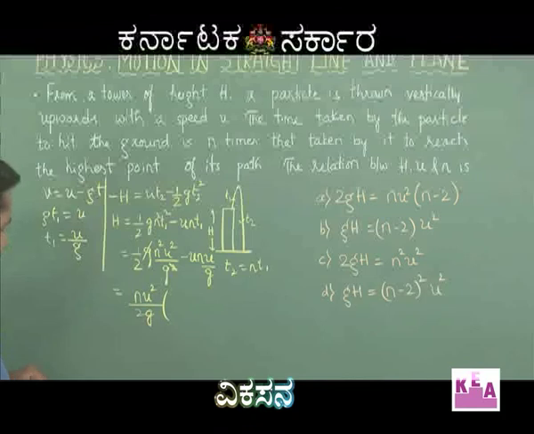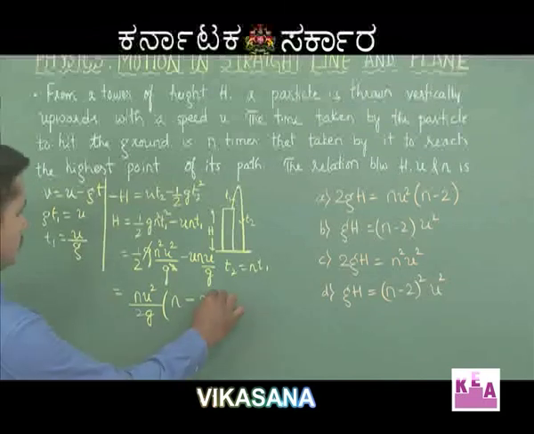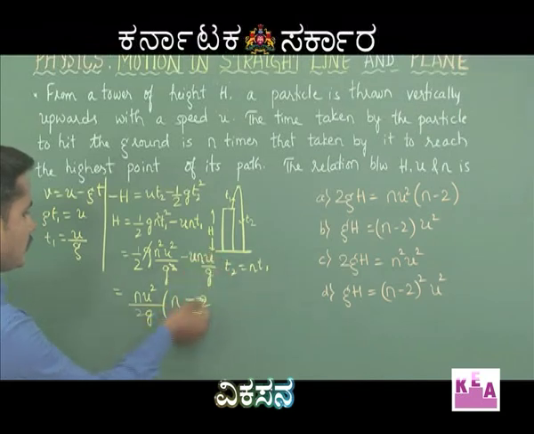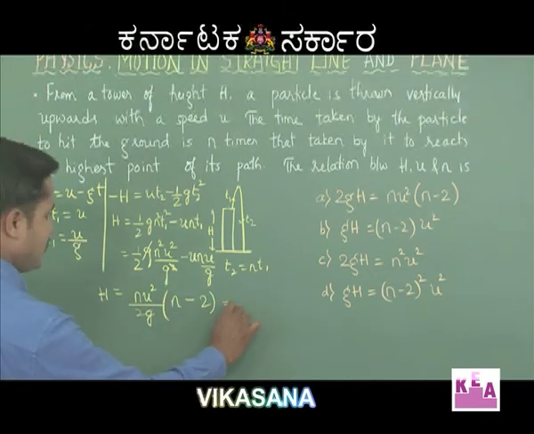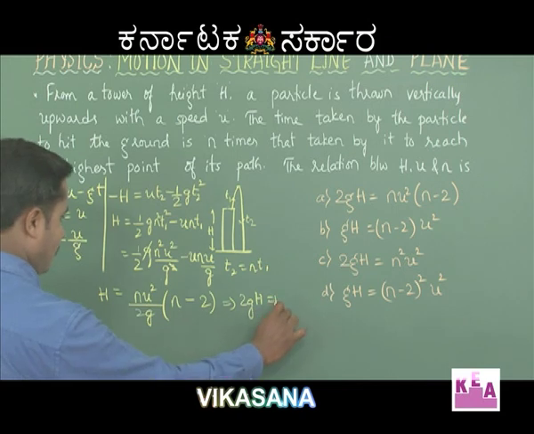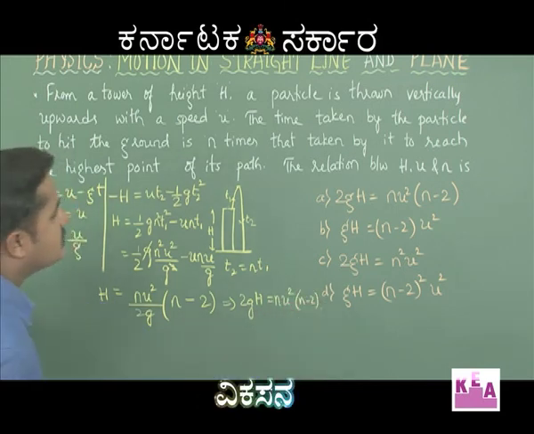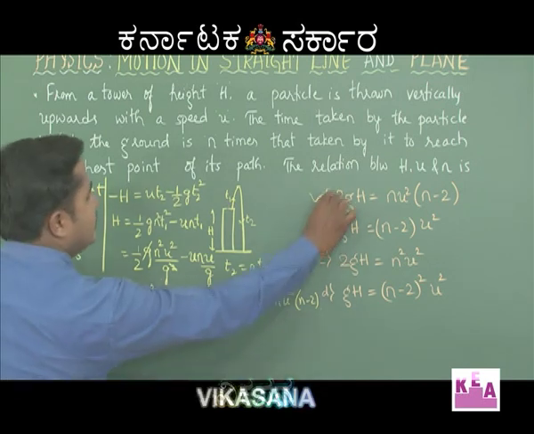So in the first term I am left with n, minus, there was no 2 here, so 2 comes in the numerator, n minus 2, right. n into u square is taken outside, g is also taken outside. So in my LHS I have h. So cross multiplication will give you 2gh is equal to nu square times n minus 2. I think option A is correct.